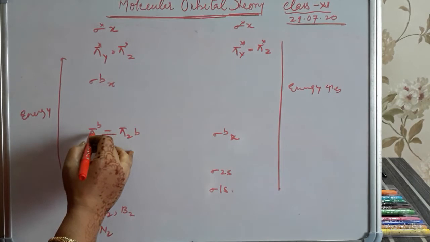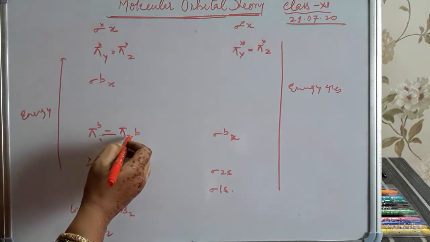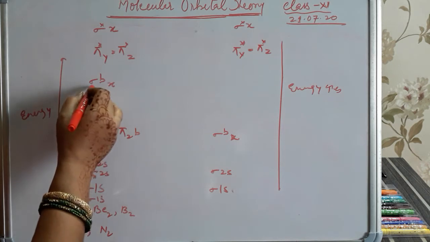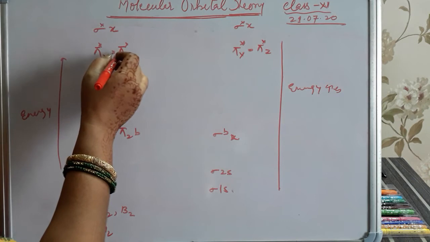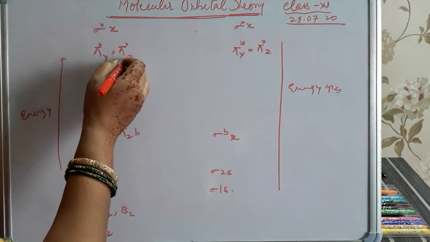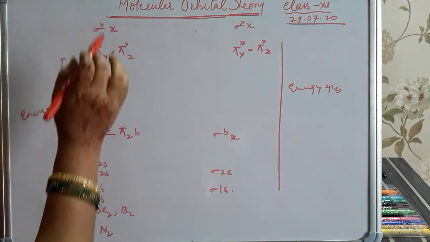Then we use pi bonding x and pi bonding y, then sigma bonding x, then the anti-bonding pi y and pi z, then sigma anti-bonding x.